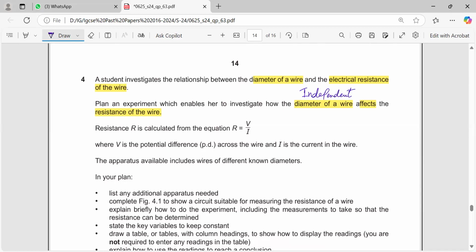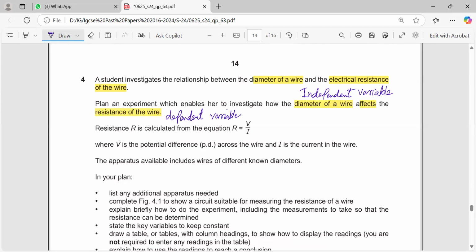Independent variable or quantity is a quantity which is changed by the teacher, by the experimenter. And resistance of the wire is the dependent quantity in this case.